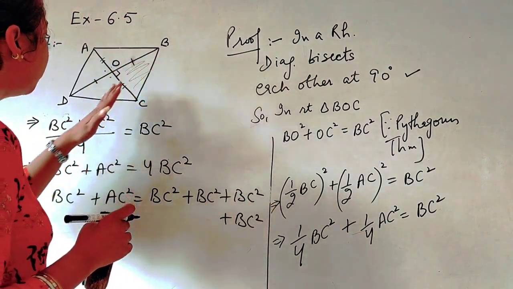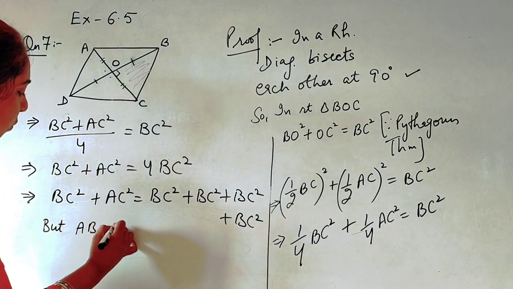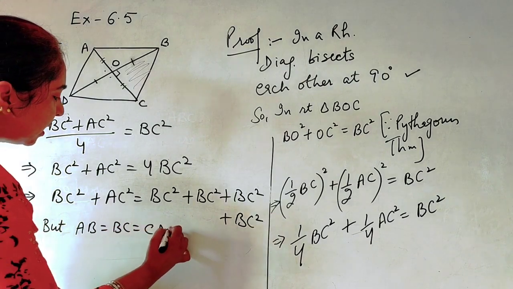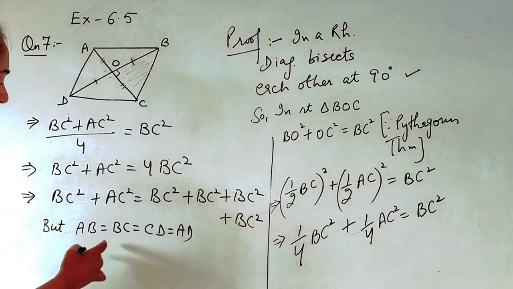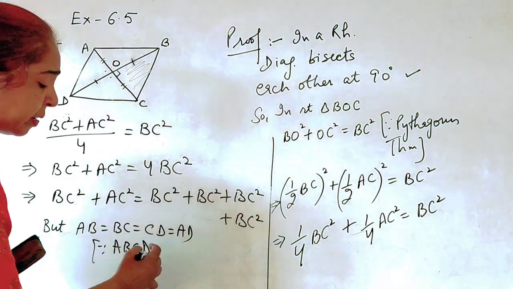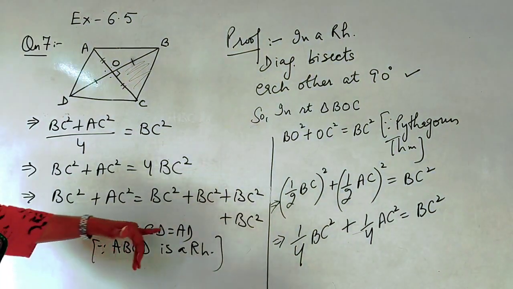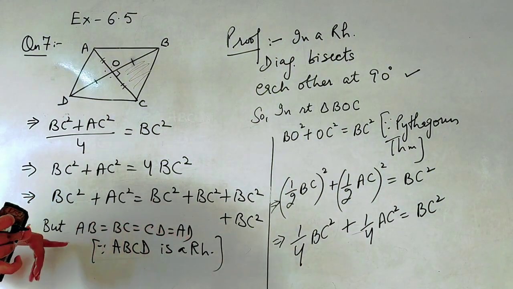Now we have all four sides equal: AB is equal to BC equal to CD equal to AD. Why? Because ABCD is a rhombus. We know that, it is given. So that's why we have all four sides equal.